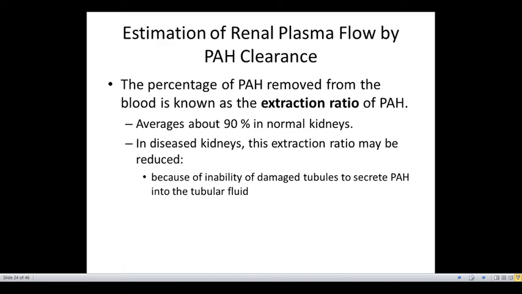It averages about 90% in normal kidneys. In diseased kidneys, this extraction ratio may be reduced because of the inability of damaged tubules to secrete PAH into the tubular fluid.